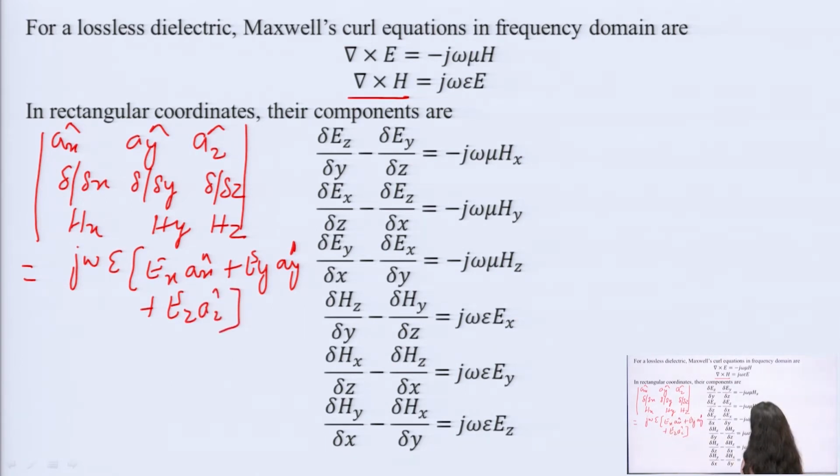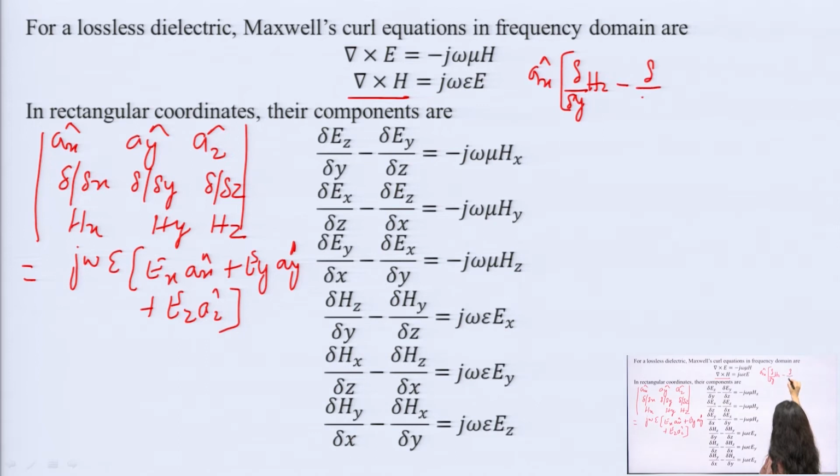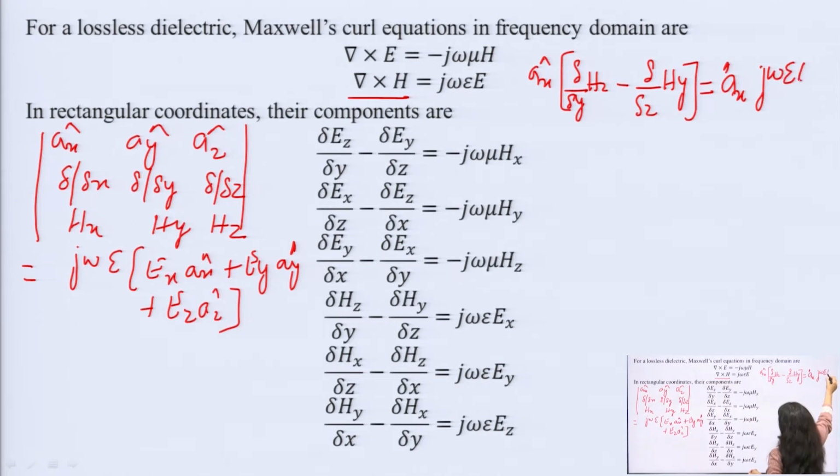Now get the Ax component. What do we have? Del by del y Hz minus del by del z Hy, and this is equal to the Ax component on the RHS, which is j omega epsilon Ex.